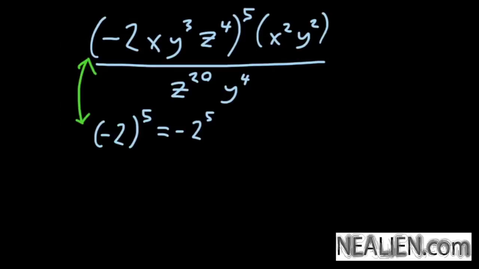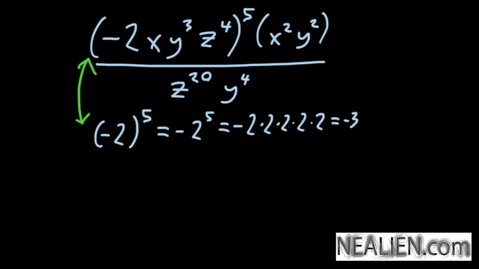Basically, that's because a -1 times a -1 gives you +1. So if you have an even number of multiplications with negative numbers, you get a positive number. If you have an odd number, you're left with an extra negative sign. So -2 to the 5th is -2 times 2 times 2 times 2 times 2. So 5 times, which is going to be -32.